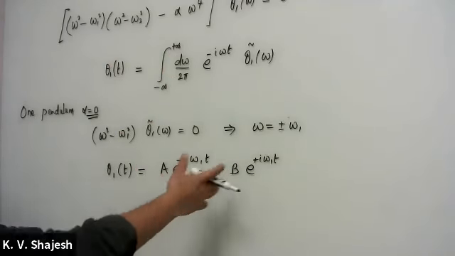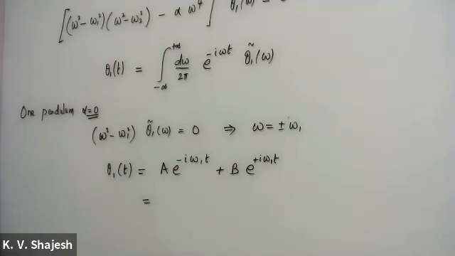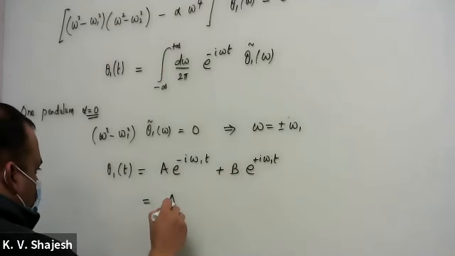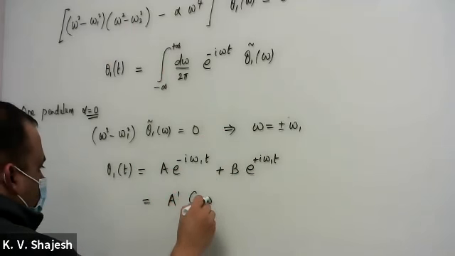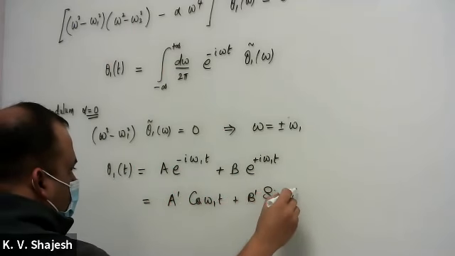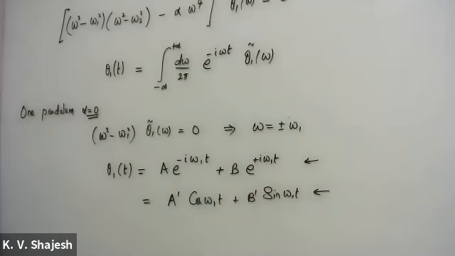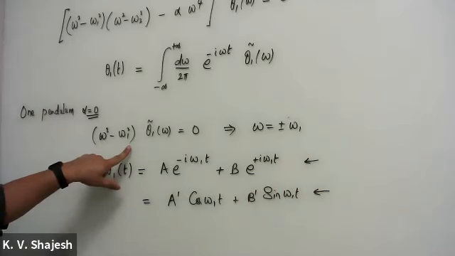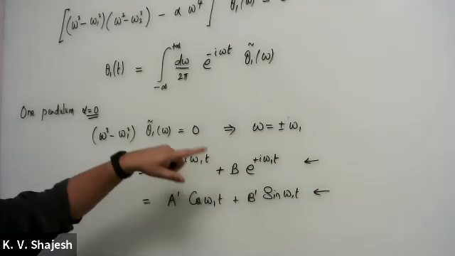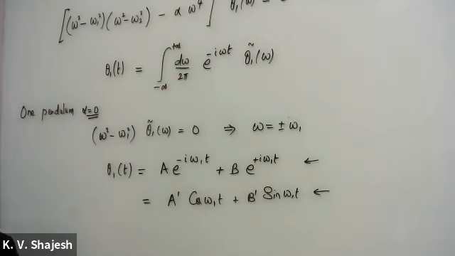Or you can say, exponentials can be written as cosines and sines. You would also say this is equal to maybe A prime, another constant, cosine omega 1 t plus B prime sine omega 1 t. Either you say this is the solution or that's your solution. So once I get my modes, what are the frequencies that are allowed, I just go into that integral and read out that only those modes contribute, so my solution will be of this kind. Is that clear, whatever I'm saying?